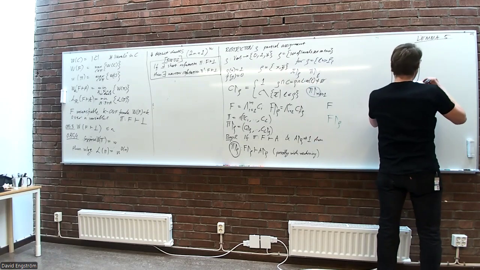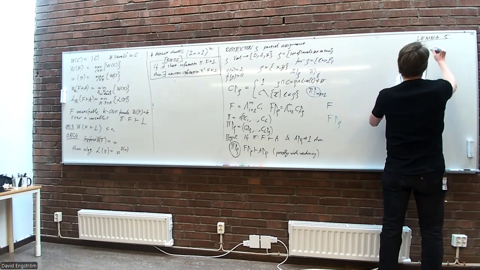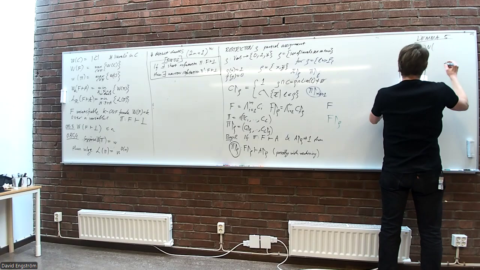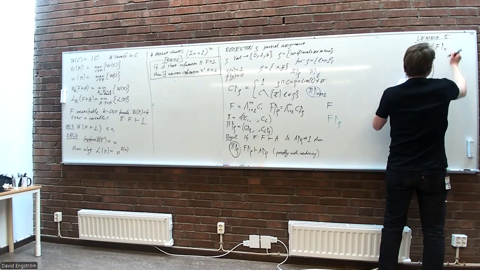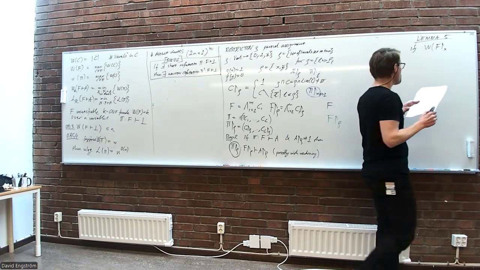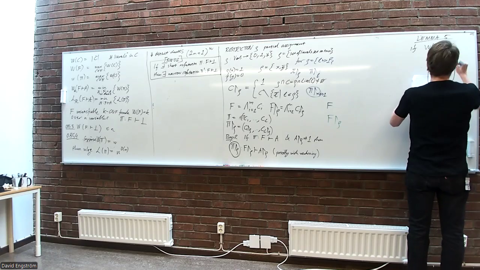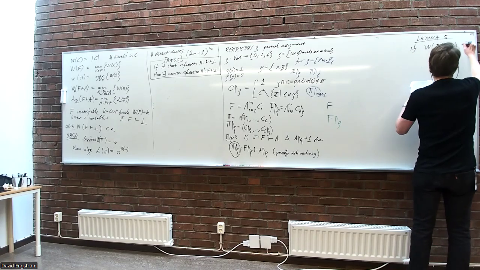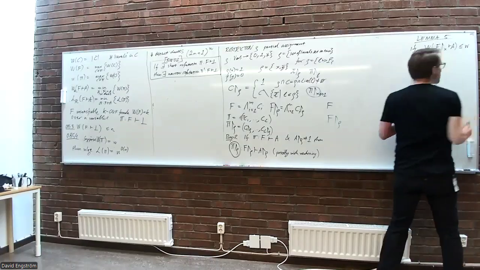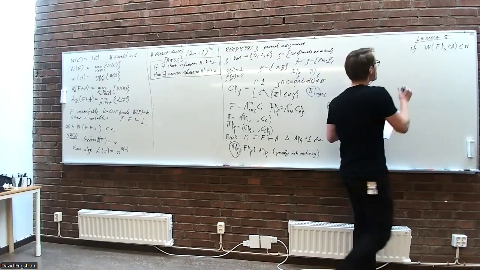Suppose that F is a CNF formula and A is a clause such that when I take F and hit it with the restriction setting x to true, from this I'm able to derive A, and I can do this in width at most W. Suppose this holds.